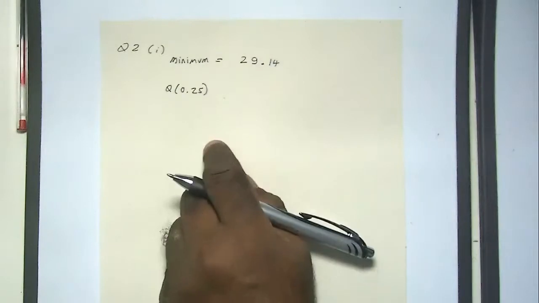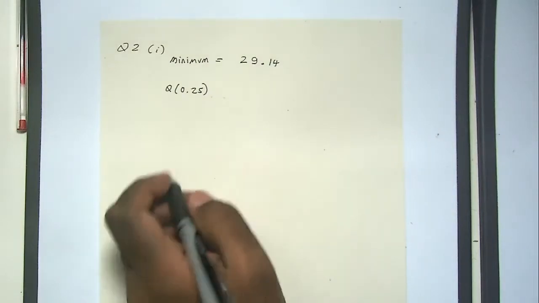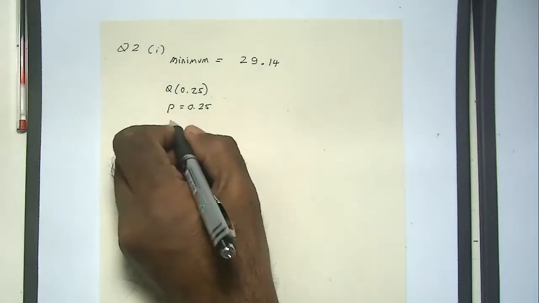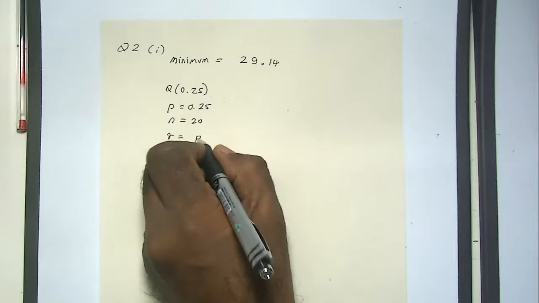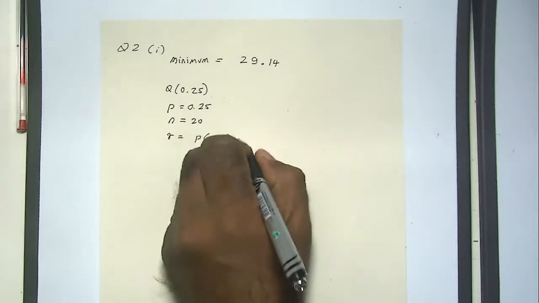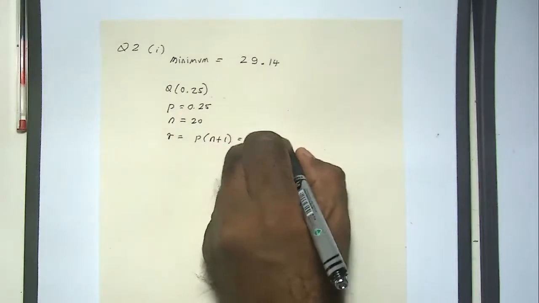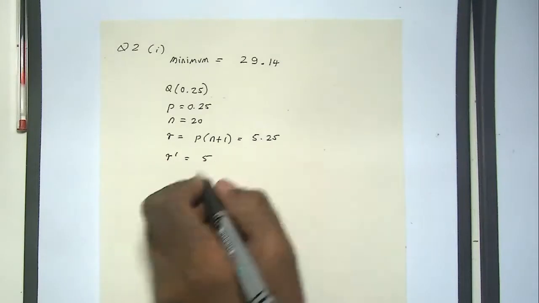For this, you will use the formula I gave in the lectures. Your p is 0.25, and your n is 20. So your r is p times (n plus 1), which is 5.25, and your r prime is the integer part of this, which is 5.